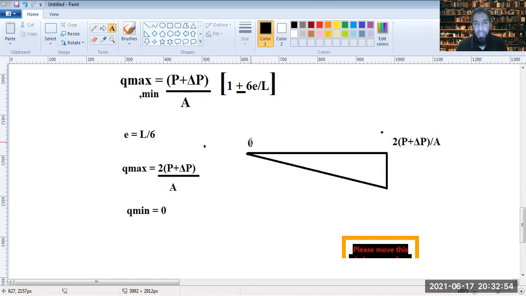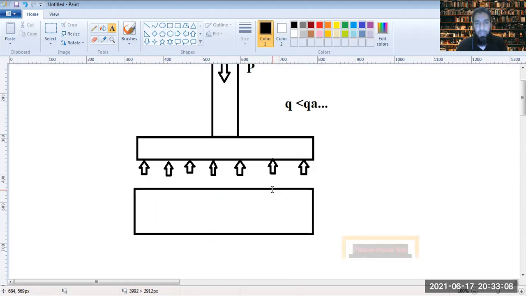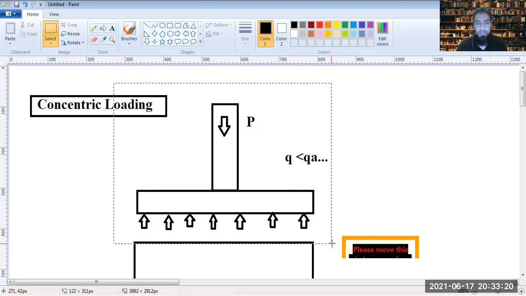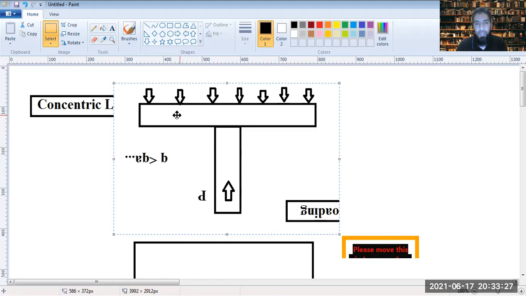And the soil is offering the reaction to the footing in such a way that the footing behaves the way we already saw in the concentric loading. If we rotate this by 180 degrees, it becomes a cantilever.